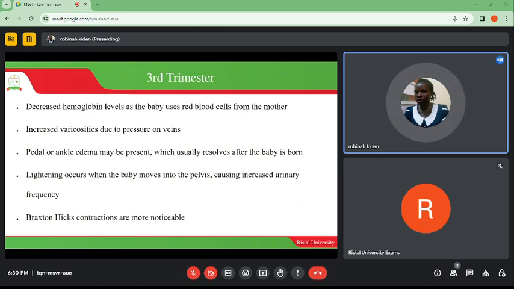But again, on the other side, because of the entry of the head into the pelvis, there will be compression of the urethra, and as a result, it leads to increased urinary frequency. Then Braxton Hicks contractions are more noticeable at this time.